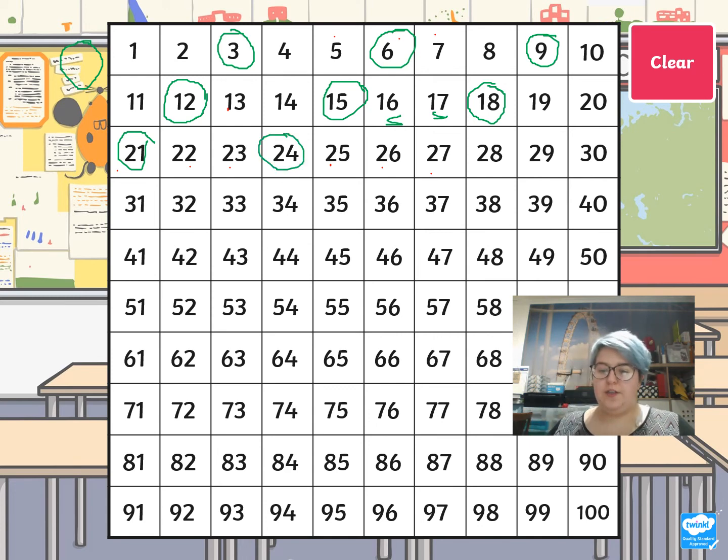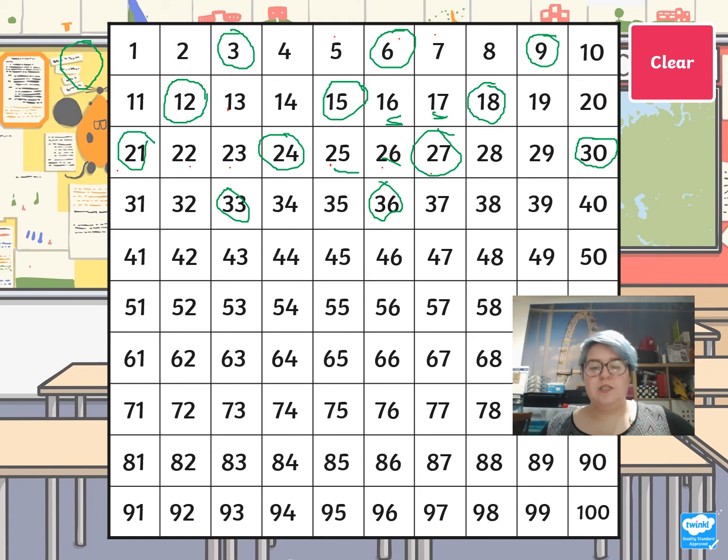If we are going 3 times 9, again 1, 2, 3 to 27. And 3 times 10 we know is 30. Then we add 3 onto 30 is 33, and then 36.